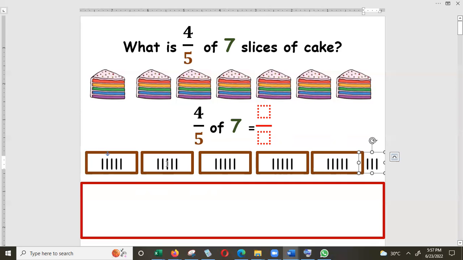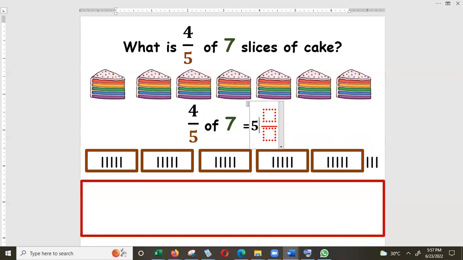So let's see how much that gives us. Each of the 5 groups has 5. So you have 1, 2, 3, 4, 5, and 3 extras. So 4/5 of 7 appears to be 5, and the 3 outside, out of 5.